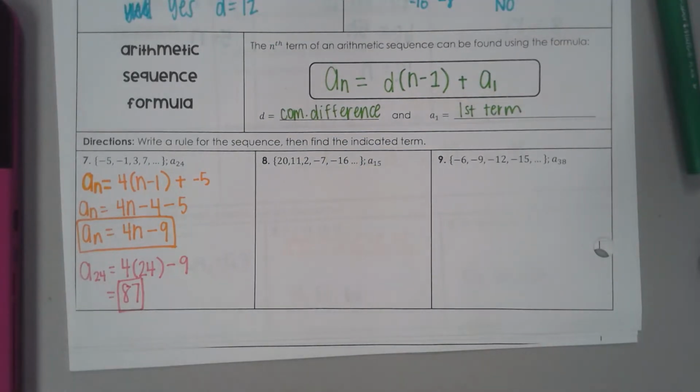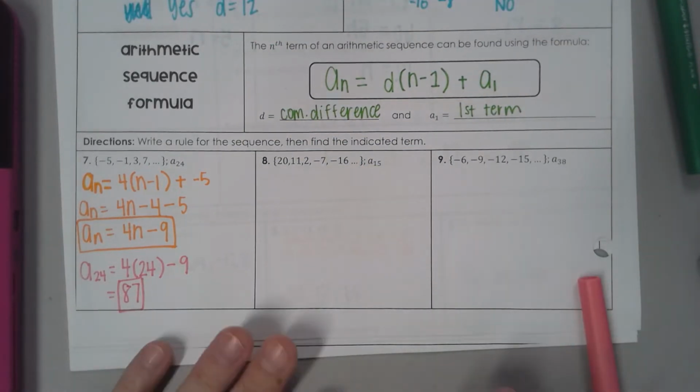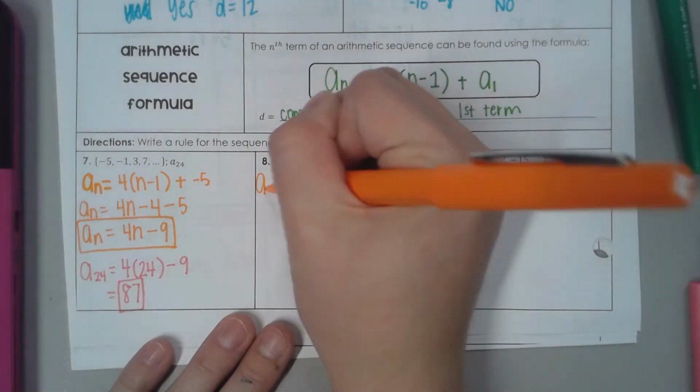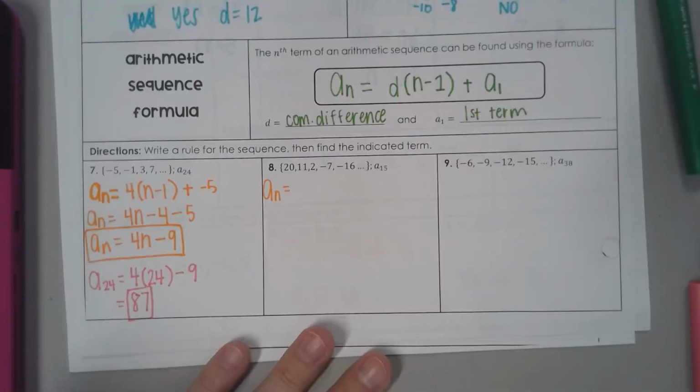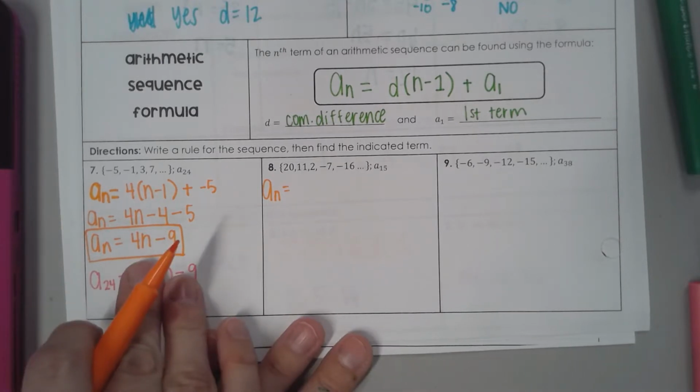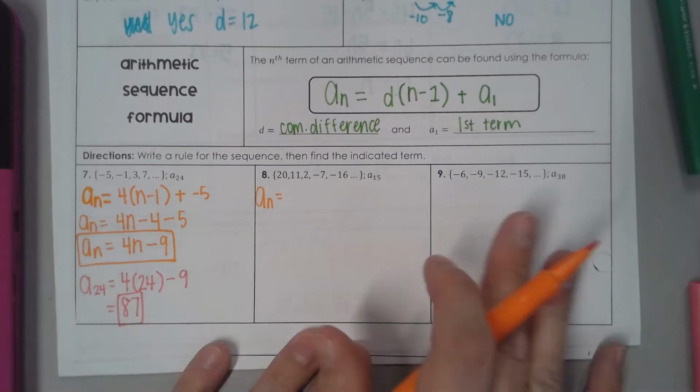Let's do number 8 together. So a_n equals, what's my common difference? What if it doesn't have a common difference? I'm going to give you ones that are arithmetic for these.